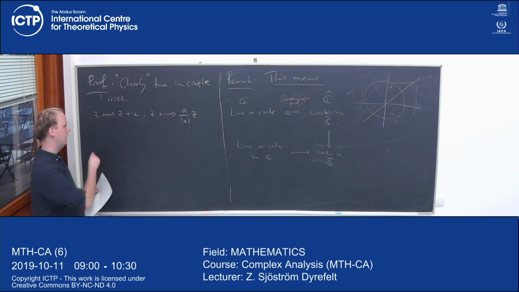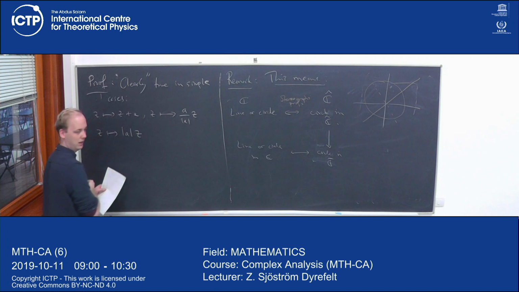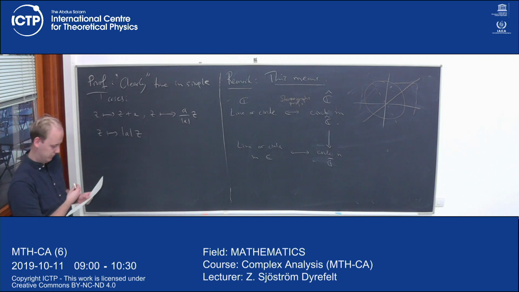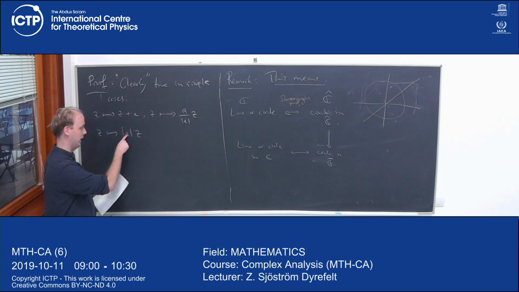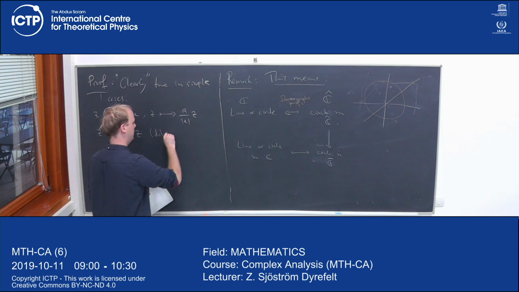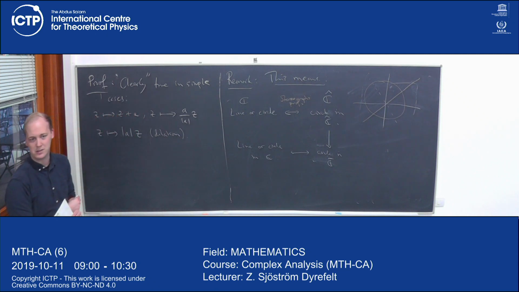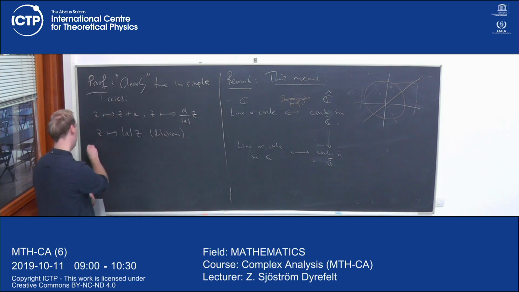And the third case is z goes to the absolute value of a times z. So this is a real number, for example 7. So it's just a dilation. Circle goes to circle, preserves angles, preserves orientation.